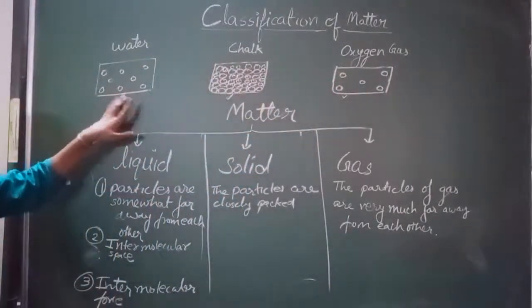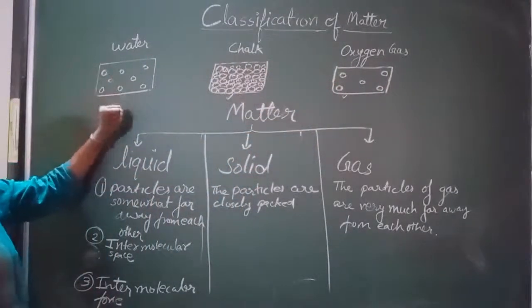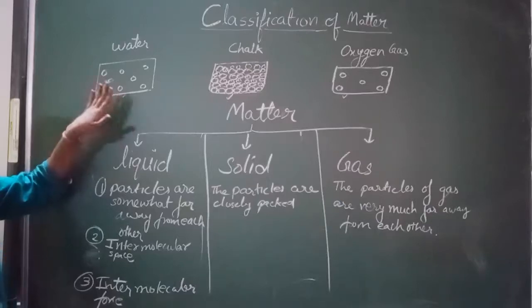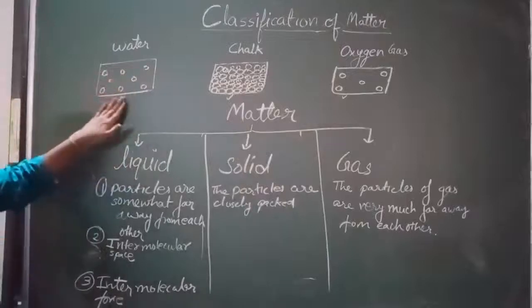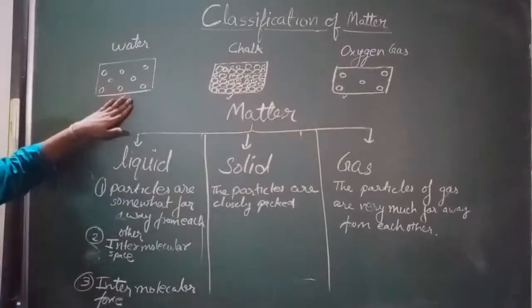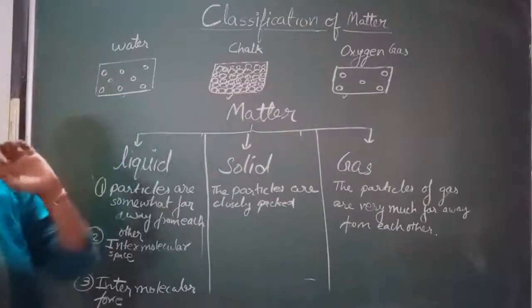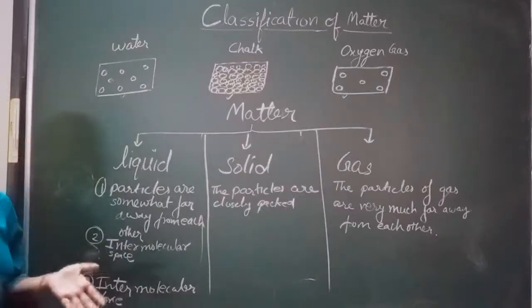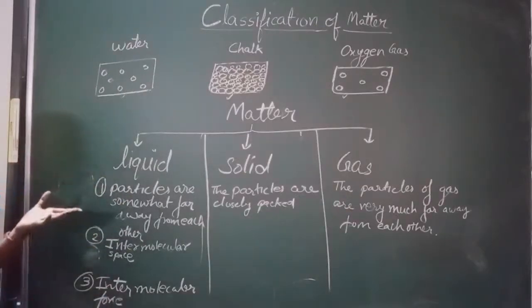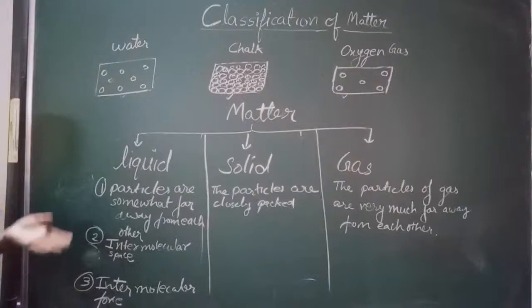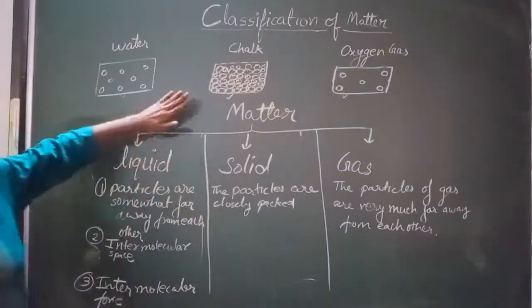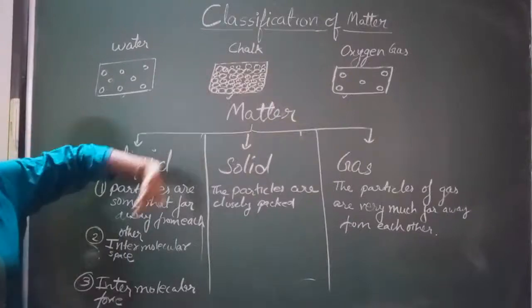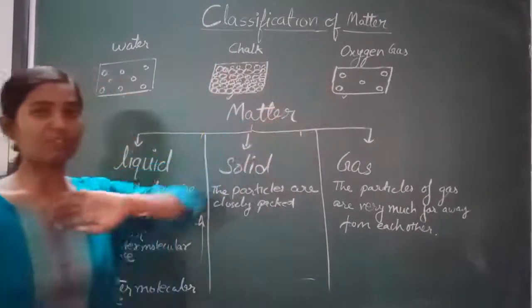But in this liquid, the intermolecular space is less compared to gas and large compared to solid. So it depends on whether you are comparing with solid or with gas. If you are comparing with solid, the answer is one thing; if you are comparing with gas, the answer will be different.